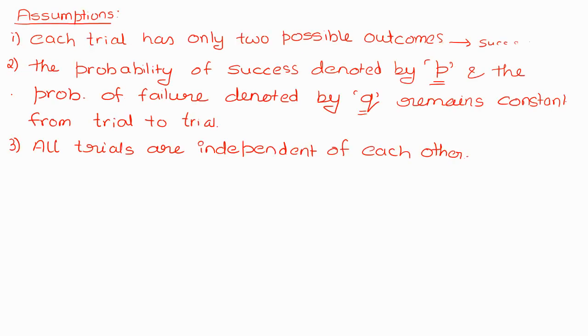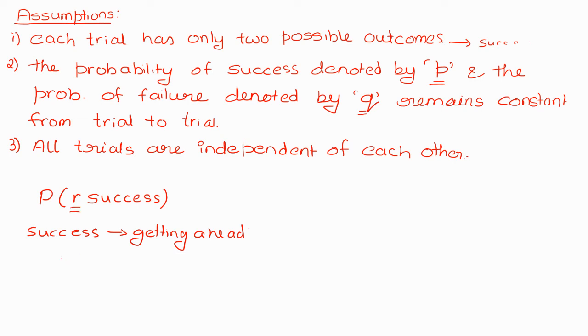The formula is for the probability of getting r successes. Suppose the question is about getting a head as a success. Then r successes means getting r heads.